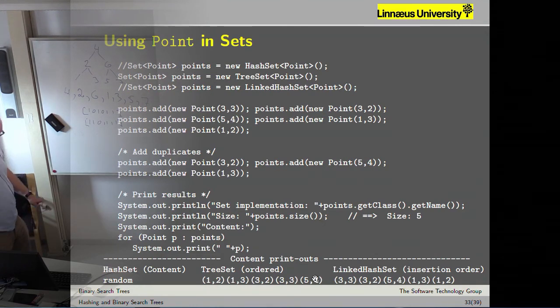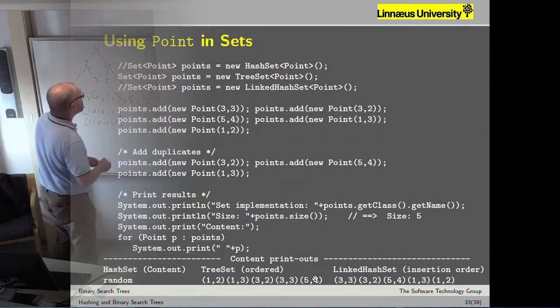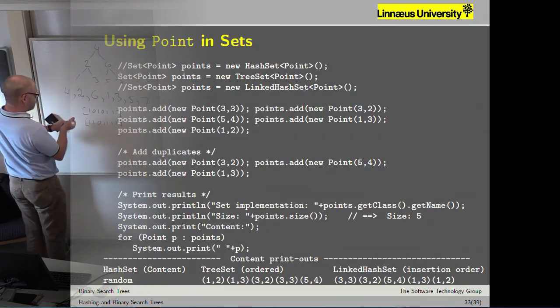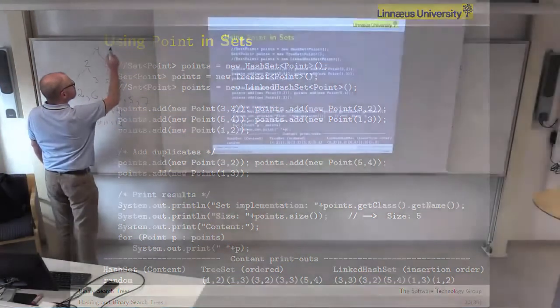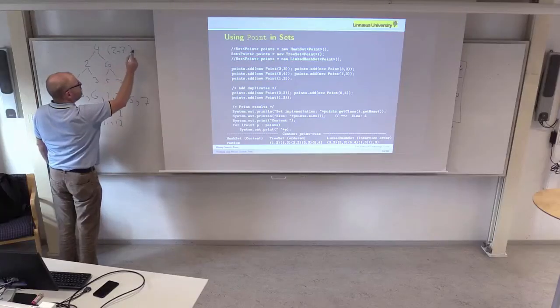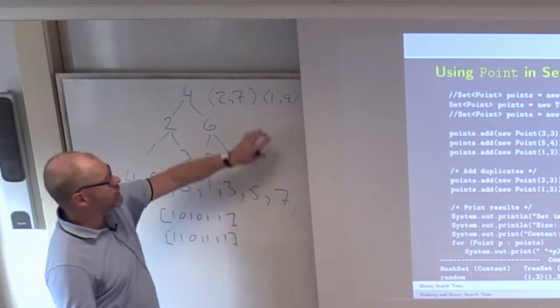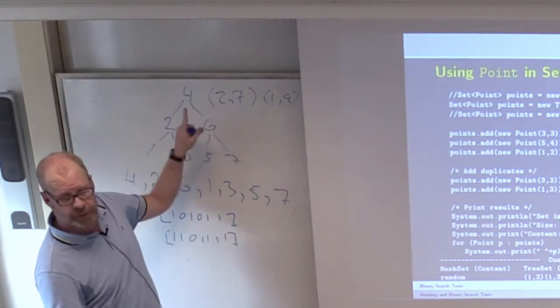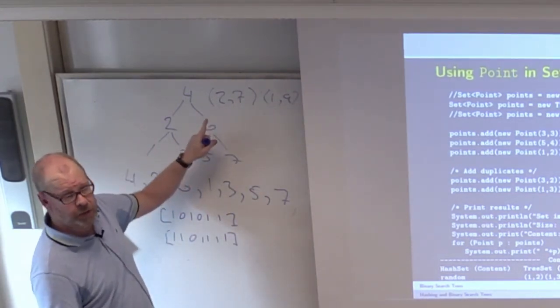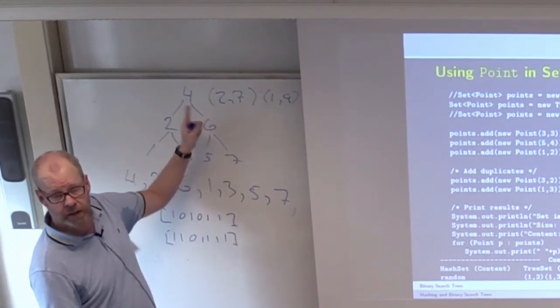I said that in order to compare two points, 2, 7, 1, 9. This one is smaller since we start by comparing the x coordinate, and only if they are equal we are comparing the y coordinate.